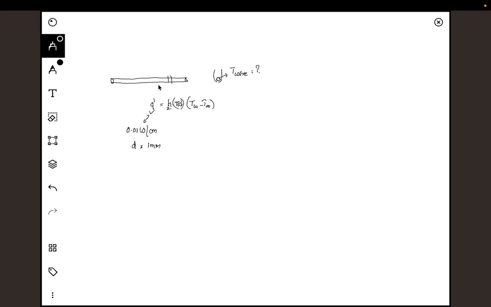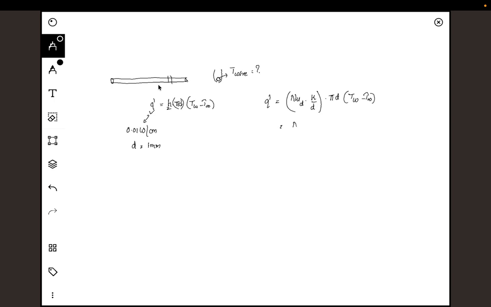The main difficulty in this problem is Q prime equals h, which is basically again a function of TW minus T infinite, or you can always write this h as Nu_d times k by d. k is the thermal conductivity, d is the diameter. So I'm basically writing h as Nu times k by d times pi d times TW minus T infinite.